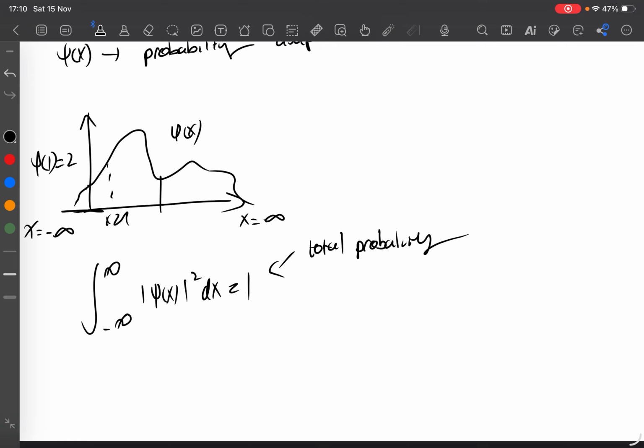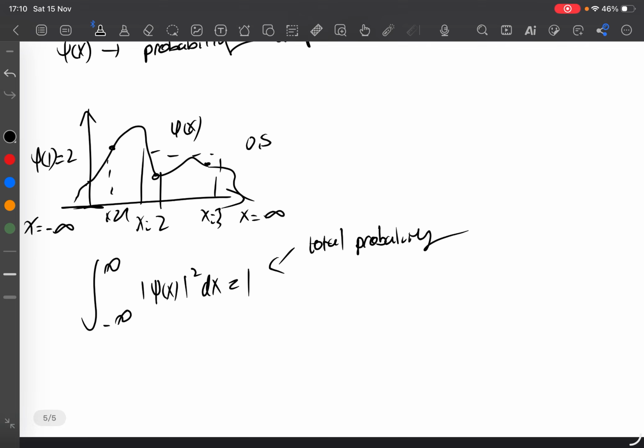It'll be 100% to find this point, 100% to find this point, 100% to find this point. But maybe if we go from x equals 2 to x equals 3, then the probability of finding it in this area will only be maybe 50%, 0.5. But we don't know, I'm just giving an example here.